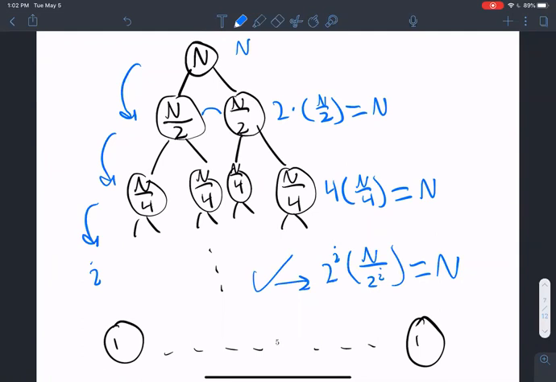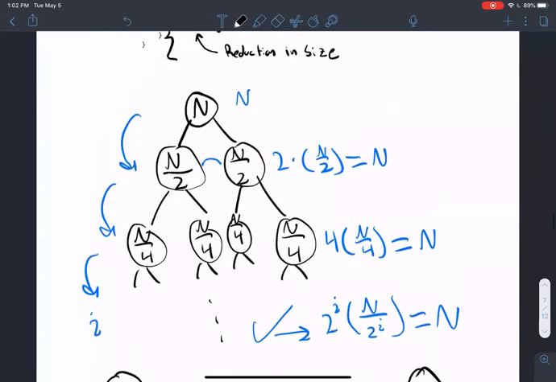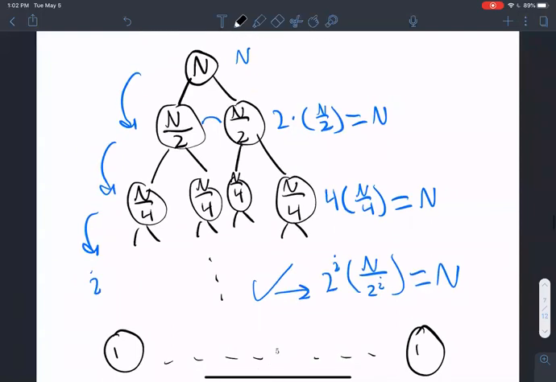Okay, I think that made sense to most people. So now that we know every level does the same amount of work, we want to know how many levels there are in this tree. Well, one thing you can do is just look at the parameter and use that to figure out how many levels there are. Every time we go down a level, we divide by 2.